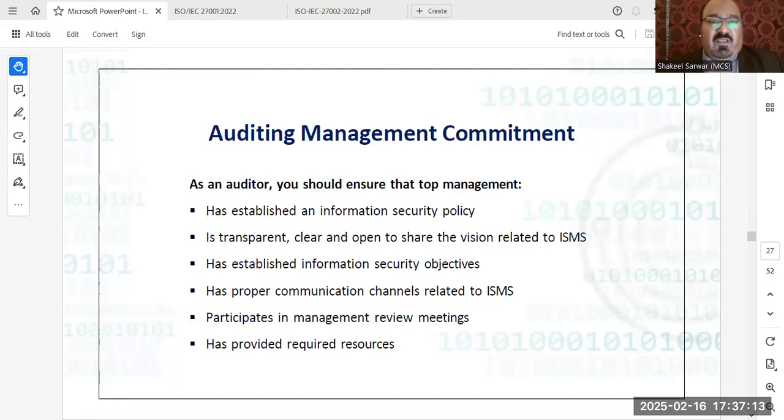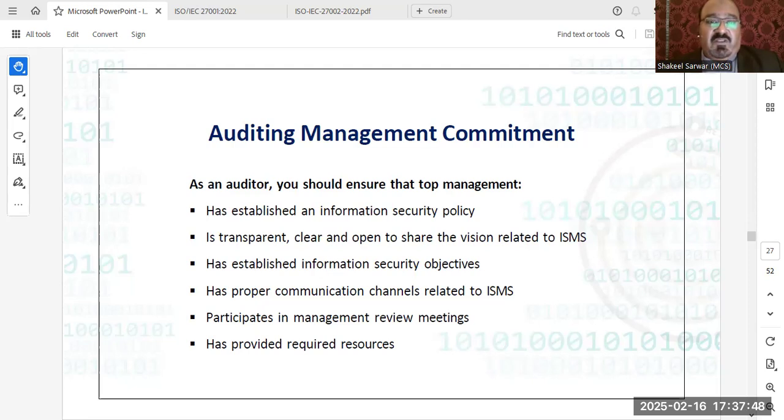following actions are taken by top management: provide evidence of its commitment to ISMS by establishing an information security policy. Top management should be transparent, clear, and open to share the vision related to information security within the organization, establishment of appropriate information security objectives, roles and responsibilities, communicating the importance of meeting information security objectives and conforming to the information security policy and the need for continual improvement.